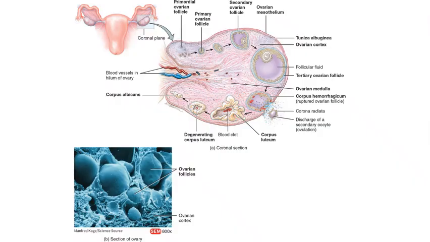Now, ovaries, or female gonads, I'll call them ovaries. These are paired glands that resemble an almond in shape and size, and they're homologous to the testes.